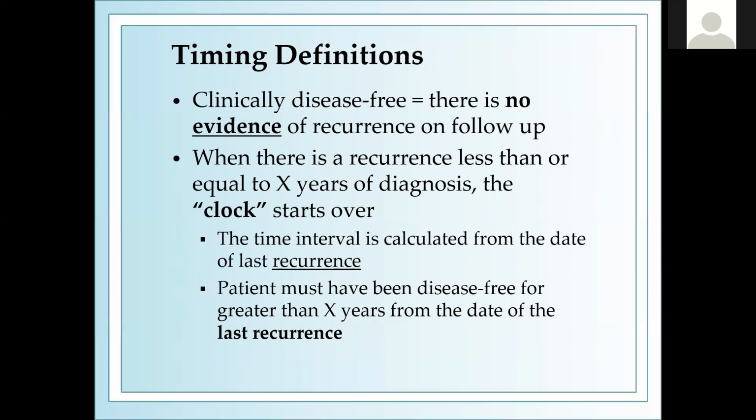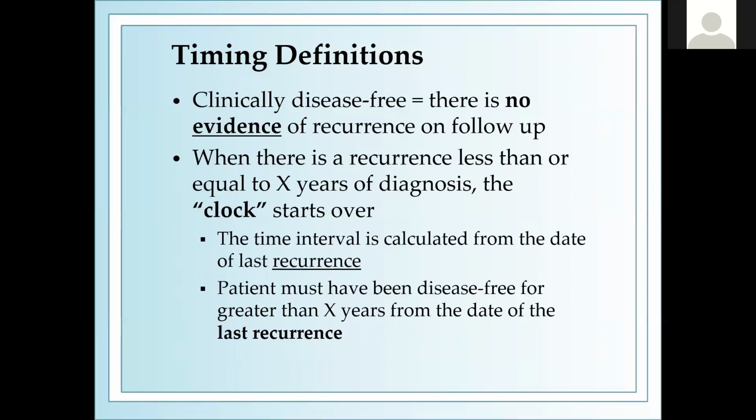The timing definition pertains to the patient being clinically disease-free, or the patient has had no evidence of a recurrence on follow-up. This is very important. When there is a recurrence less than or equal to the specified years of diagnosis, the clock starts over for these rules using the date of recurrence.